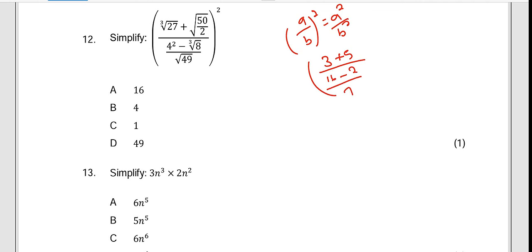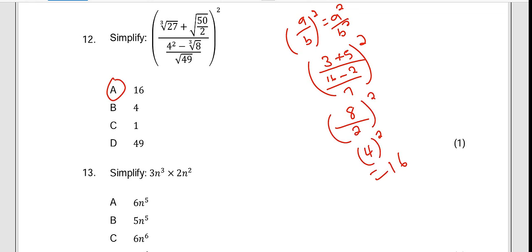Divided by 7, all together to the exponent of 2. After that, 3 plus 5 is going to give me 8. 16 minus 2 is 14. It's 14 divided by 7. It's going to give me 2. And then 8 divided by 2 is 4. And then the answer is 16. The correct answer is going to be A.